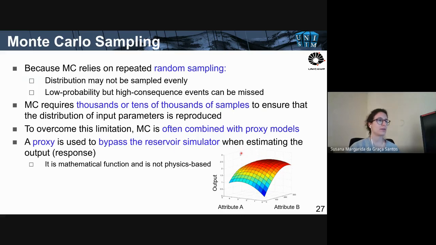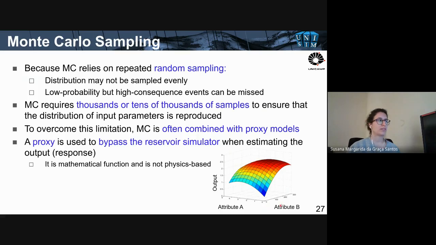I'm not going to go into depth, but the idea is that you do some key samples, some key simulations, and you construct a mathematical equation, an analytical equation, and then you bypass the simulator when you do the thousands of samples in the response surface. It's really a mathematical function, in the sense that you go outside the physics of the problem.